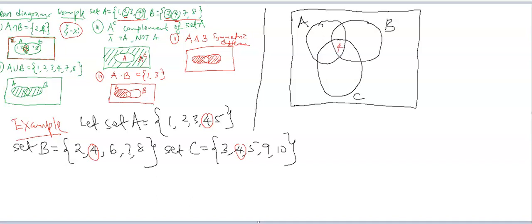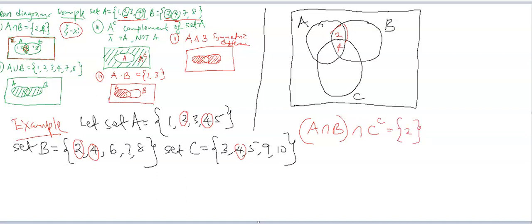Okay? Then we can write what is here. This element is only in set A and B, but not C. And this element is 2. 2 is only in sets A and B. Actually, we can say that A intersection B intersection not C is 2.